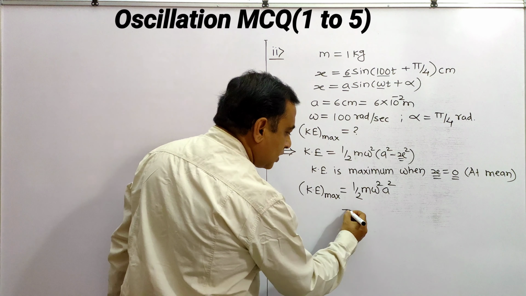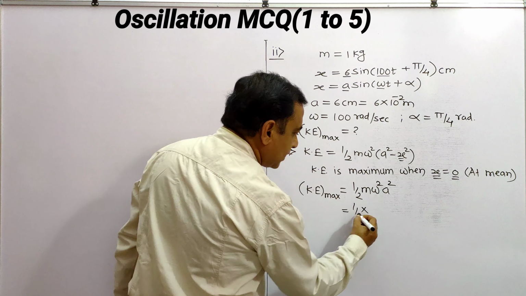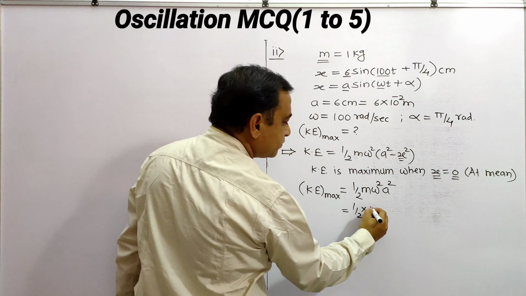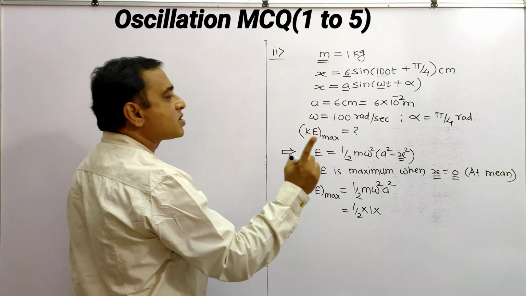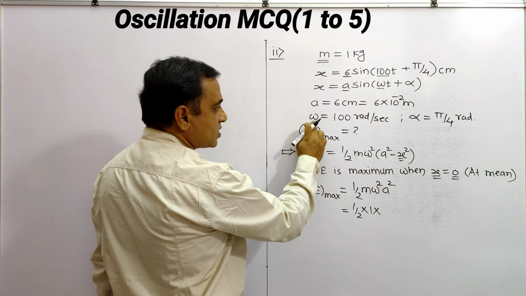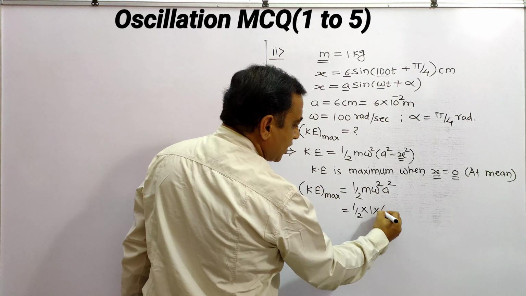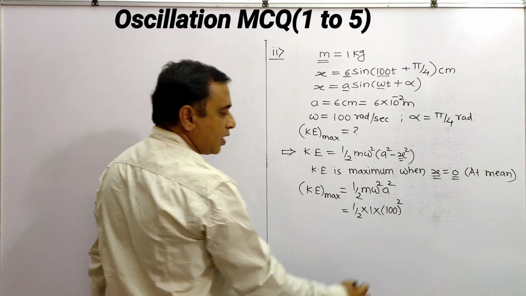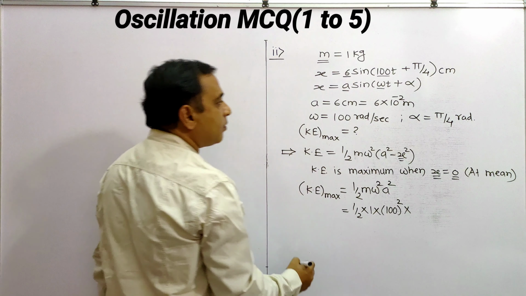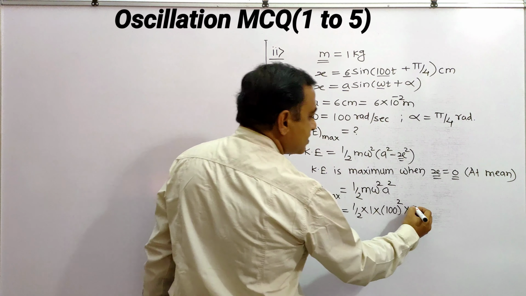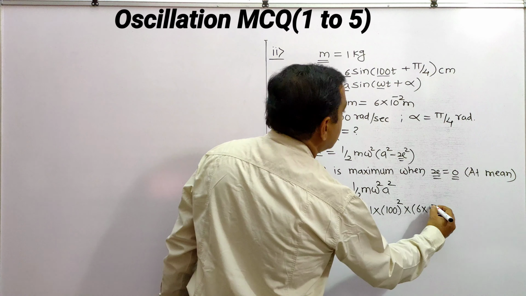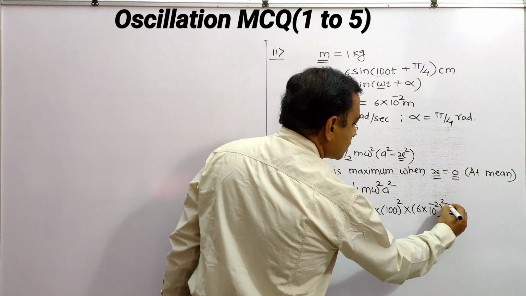Substituting this value, half of, as we know that m is 1 kilogram. Here omega square, I am going to write 100 whole square into, what about the amplitude? That is 6 into 10 raised to power minus 2 whole square.